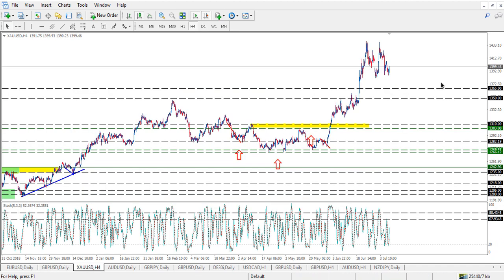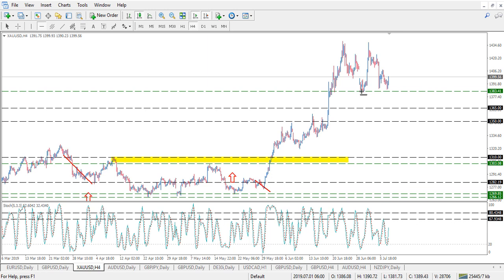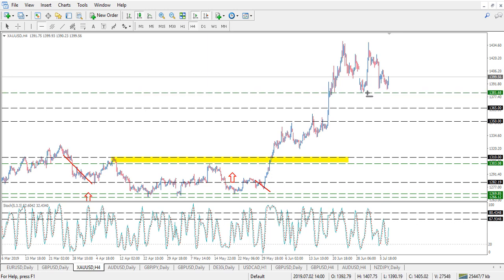Let's move to the gold on the 4 hours. As you can see here, we can find a formation that is pretty much like a double top pattern. Here is the confirmation line, which is 1380. Here is our first peak and the second, and this trough located between those two peaks is the confirmation line.